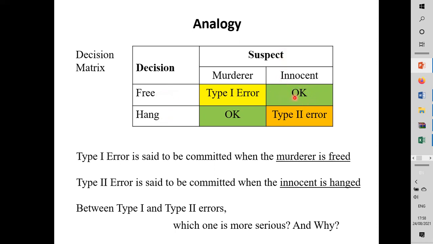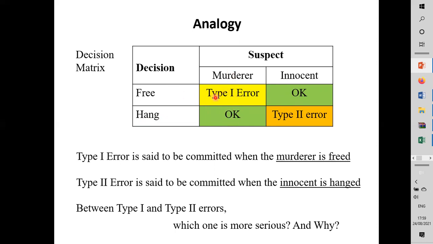So what are you doing here? Freeing the innocent. Is it the right thing to do? Yes. What are you doing here? You hang the murderer. Right thing to do? Yes.